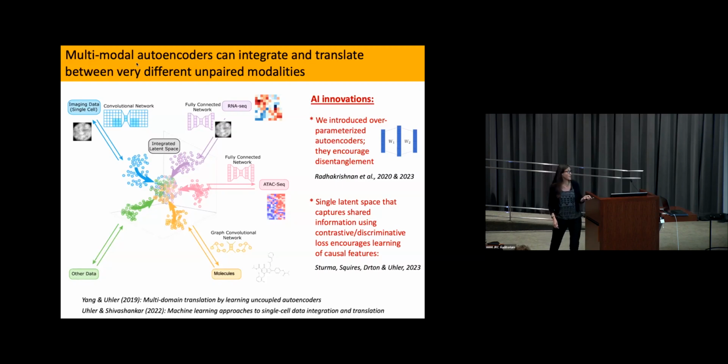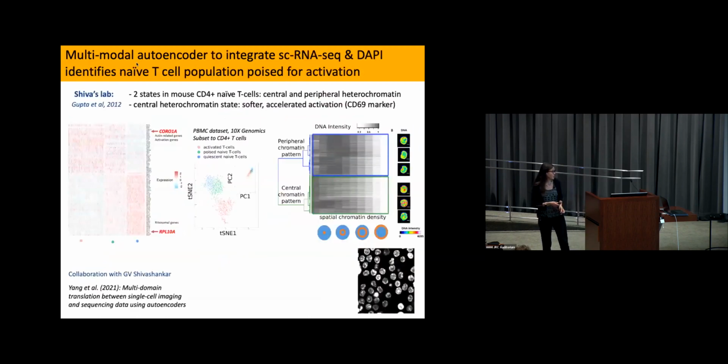So let me show you the first application that we did of this type of framework, in CD4 T cells, as I told you. We started with an observation that Shiva's lab had early on, where he had looked at chromatin-stained images in the mouse. And he saw that in CD4 plus naive T cells, you actually have two populations of cells: some that have heterochromatin peripherally, and some that have heterochromatin centrally.